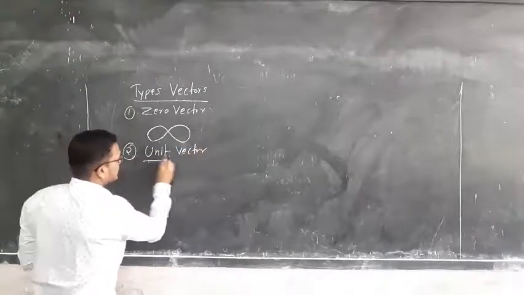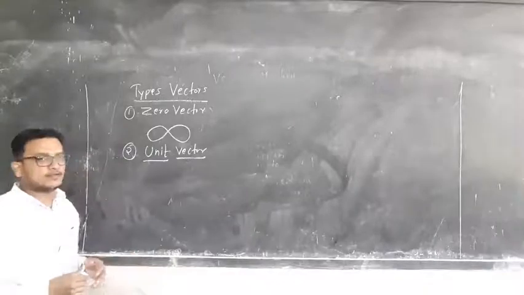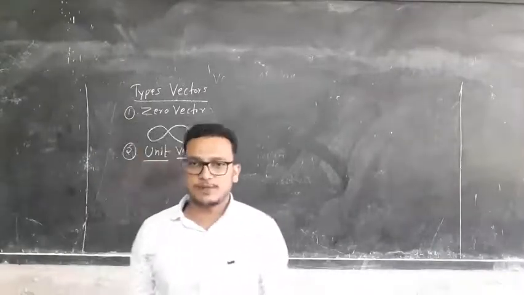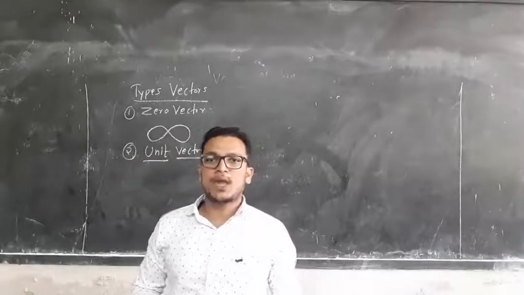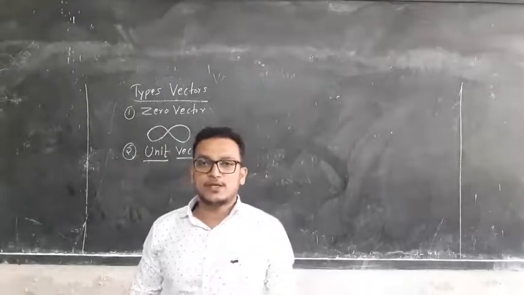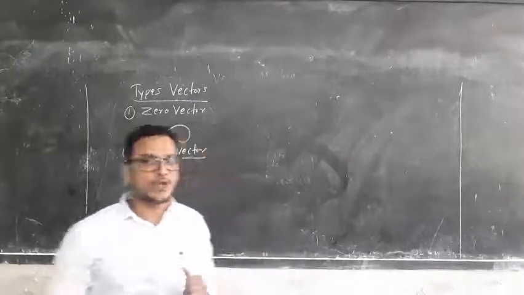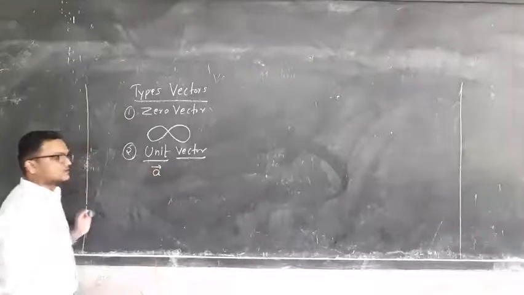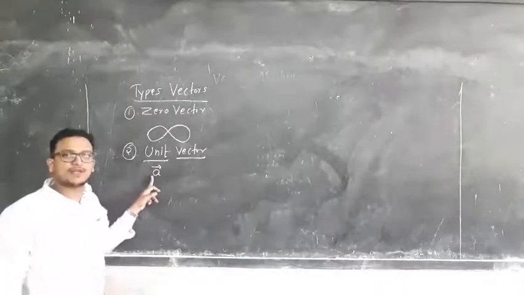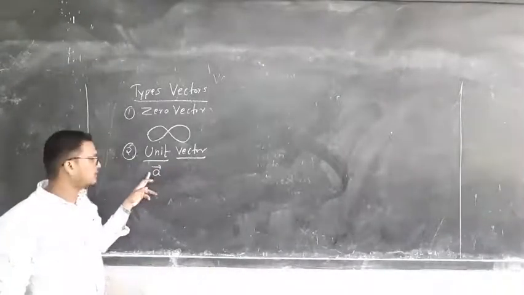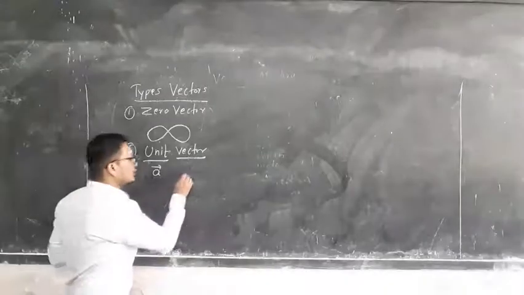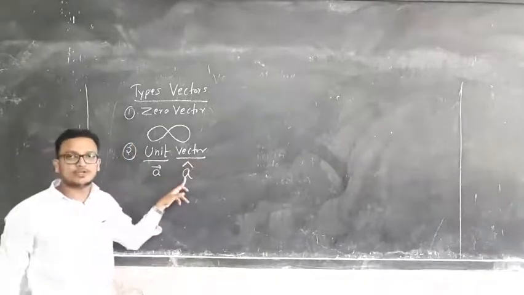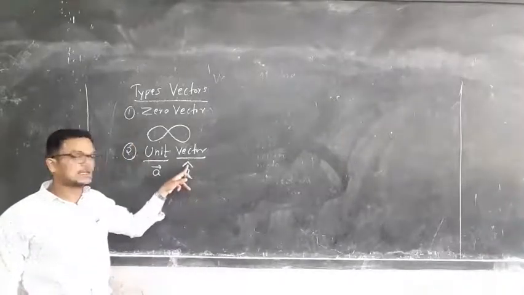Second type, unit vector. I think you know well about this. A vector whose magnitude is 1 is called a unit vector. For example, we are finding the unit vector of this vector A. The notation of the unit vector is A cap.